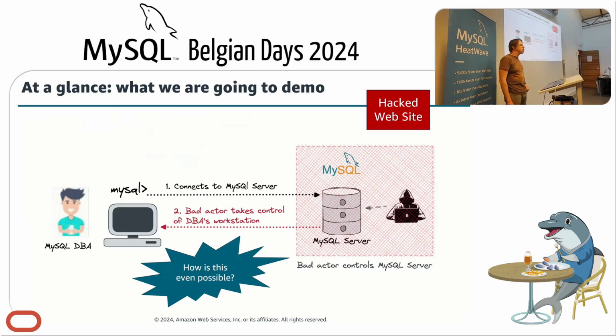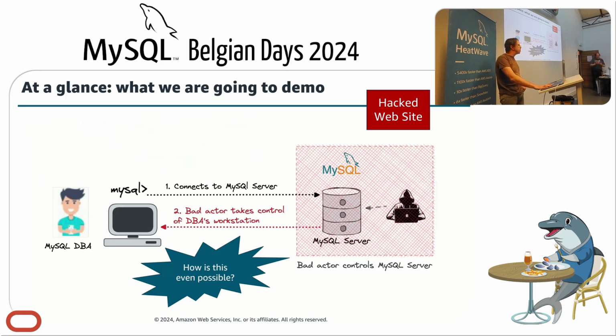Now you notice that it's hacked, there's nothing interesting there, you just restore the backup, right? And then to restore the backup, you connect to the database from your workstation, and then you get hacked. So a bad actor will take complete control of the database administrator workstation. The question is, how is this even possible?